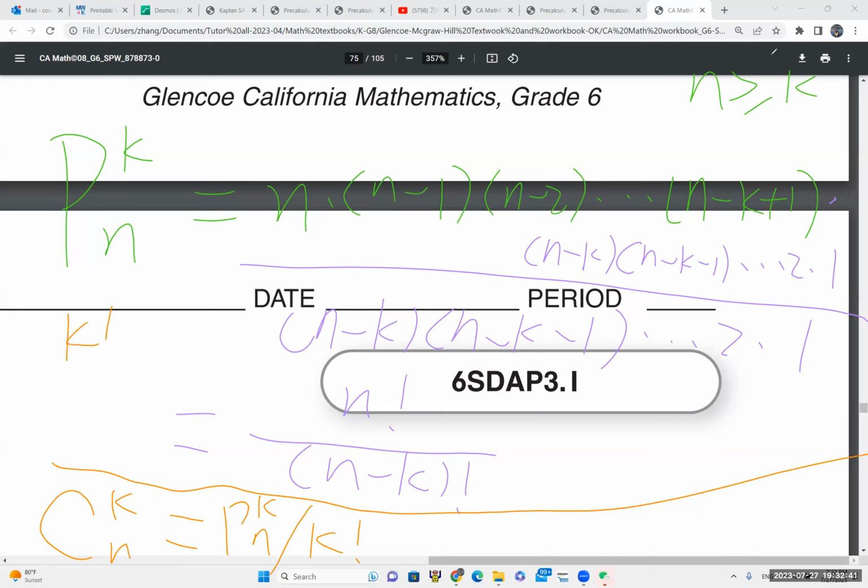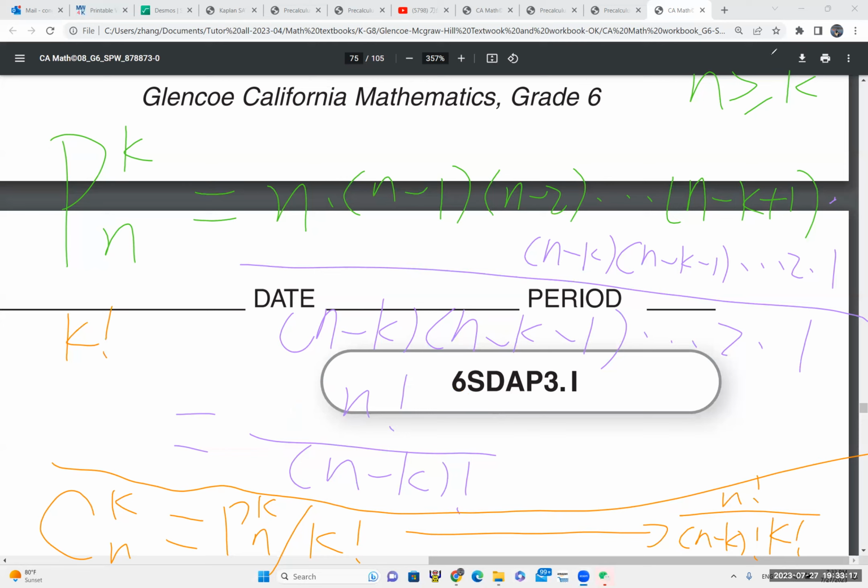There are k factorial different outcomes. But all this just counts as 1 because from the viewpoint of combination, you just choose these k elements, right? So anyway, you need to divide this. Then this equals n over n minus k factorial, then k factorial. So that's the formula you can see.